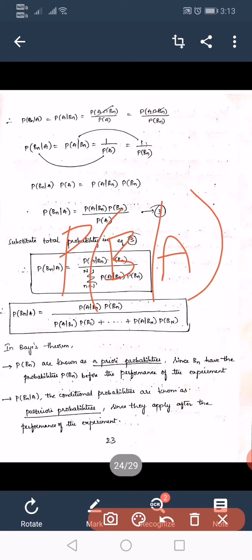P of B given A means the probability that the patient has liver disease given that they are alcoholic.